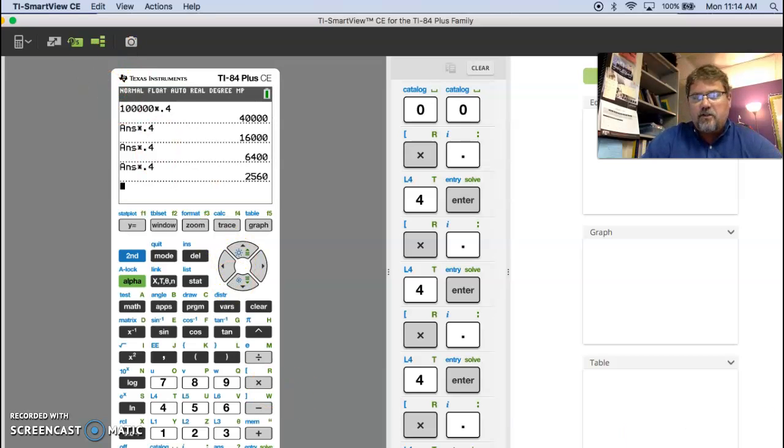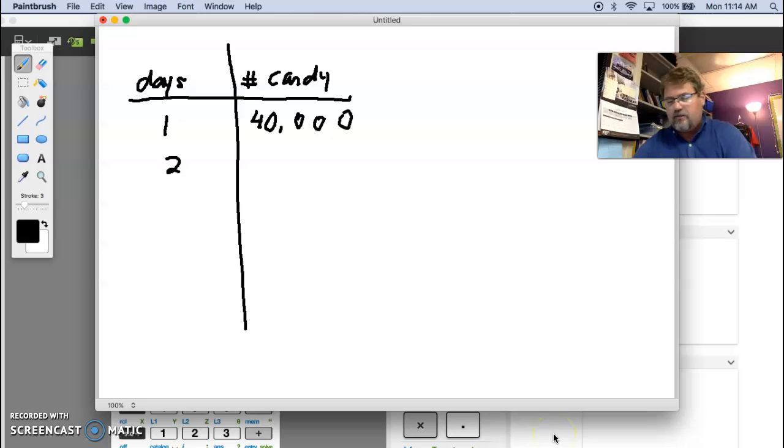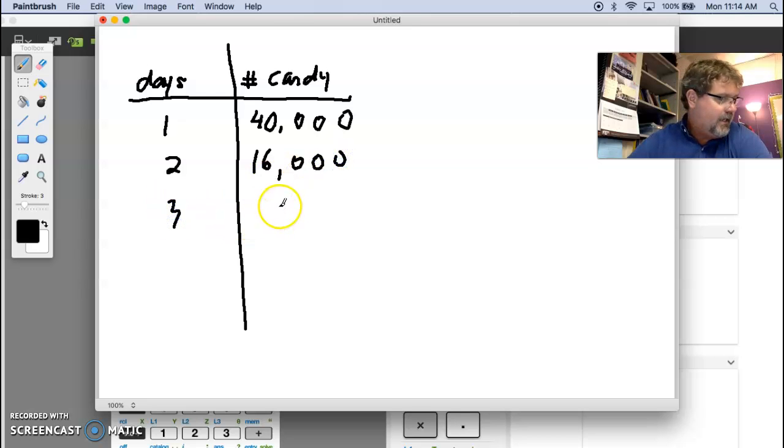So let's go fill in our chart. Now I was just trying to show you how you can make a shortcut with this calculator and not have so many keystrokes. All right, so let's go back in here and fill this thing out. So we said on day 2 he'd have 16,000. Day 3 he had 6,400.